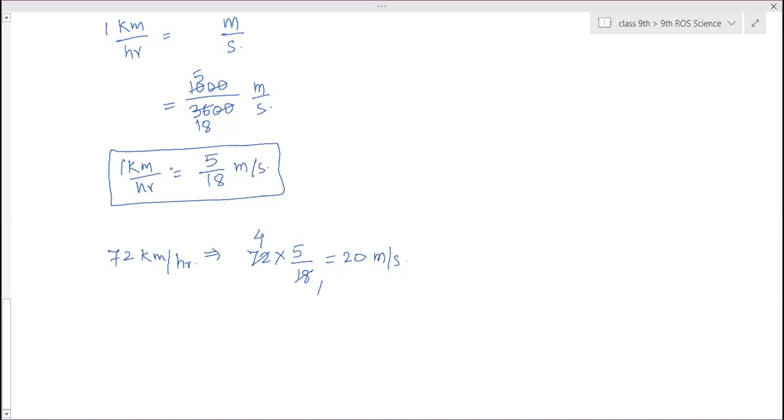Now 1 kilometer per hour is equal to 5 by 18 meter per second. Then 1 meter per second is equal to how many kilometers per hour? 18 by 5, the reciprocal. That is 18 by 5 kilometer per hour.